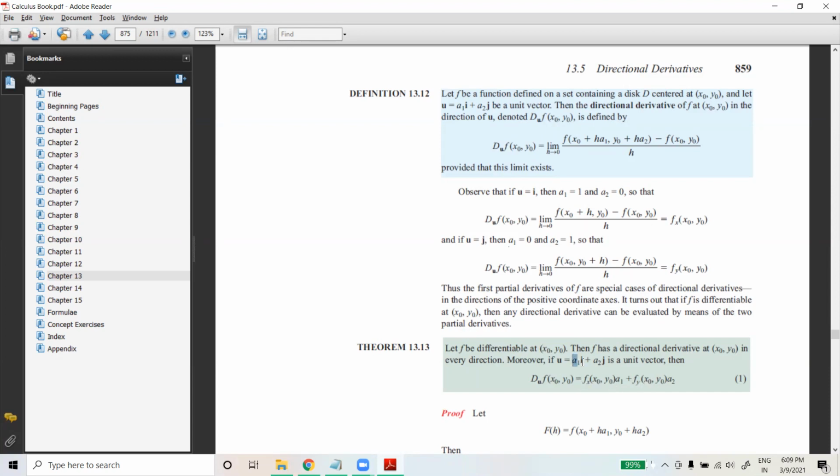Whatever is a1 is multiplied by fx, whatever is a2 is multiplied by fy, and then they add it. This is a unit vector.